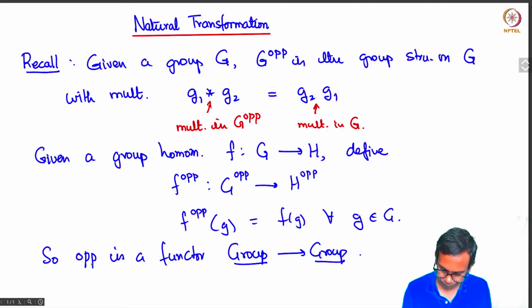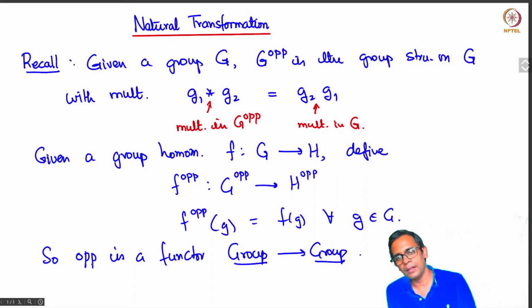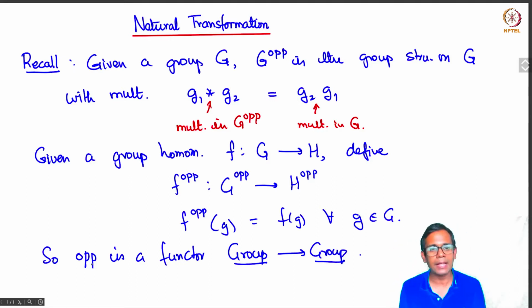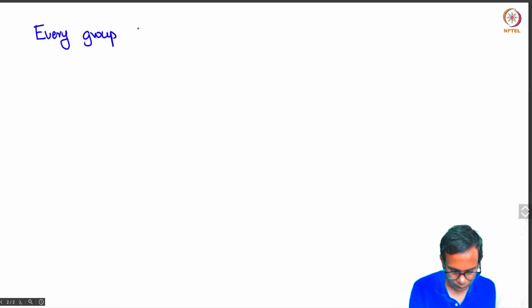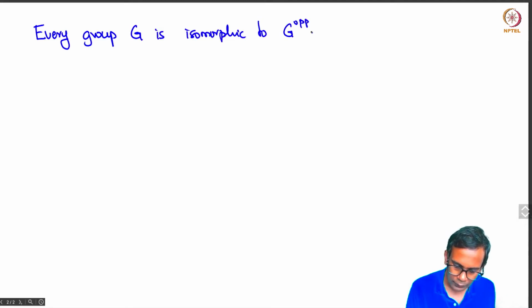Now there's a theorem in group theory which says that every group is isomorphic to its opposite. How do you construct this?